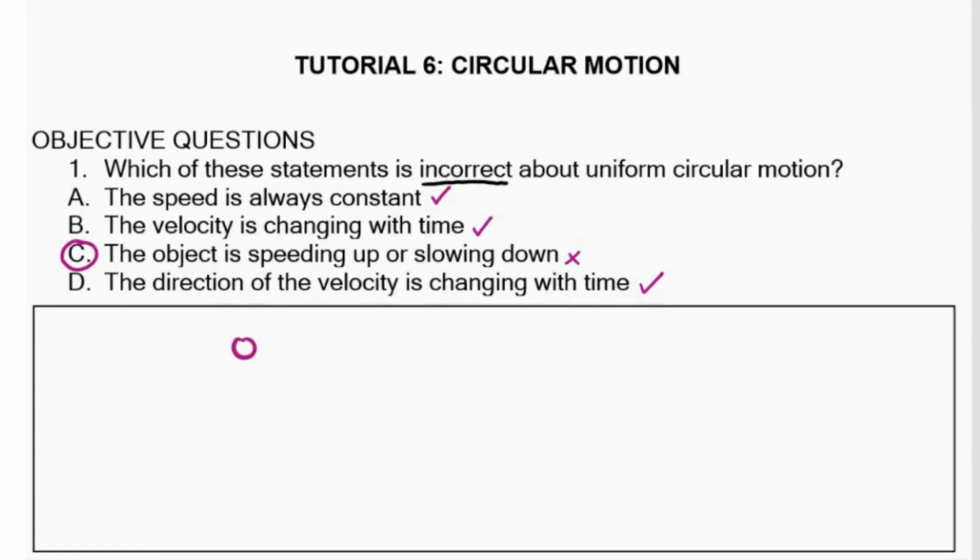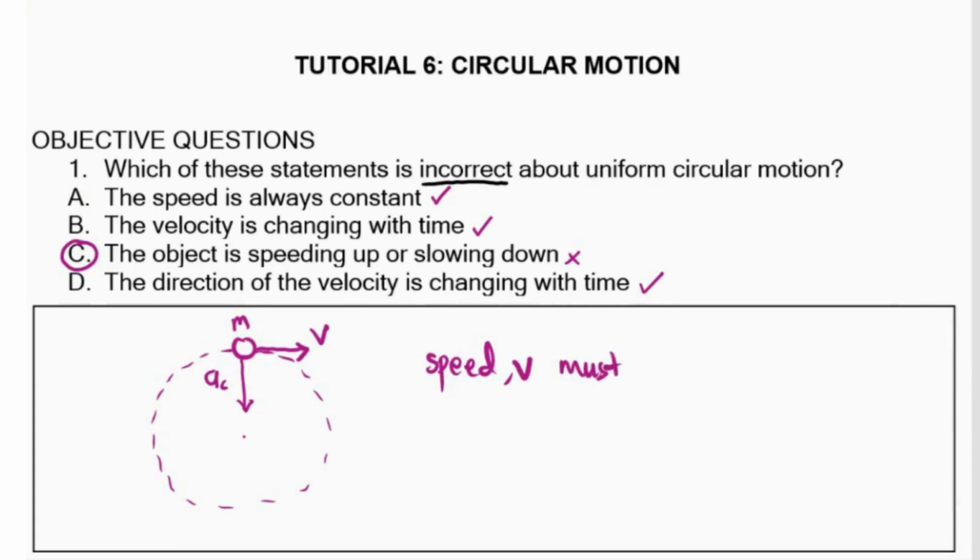So take an example of an object that goes in a circle. It has mass m and the speed is v, tangential to the curve, and the centripetal acceleration is towards the center. So this is the circular motion. The concept here is that the speed v, which only has magnitude, must be constant.